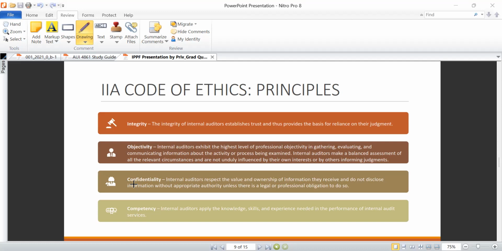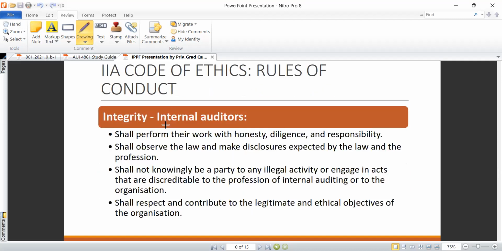Now we're going to look into the rules of conduct for each of these four principles. The first is the integrity principle and the respective rules of conduct that follow. Under integrity, there are four important rules of conduct. Please pay attention. Remember, the moment you hear the word integrity of an internal auditor, you should be thinking: can this auditor be trusted?